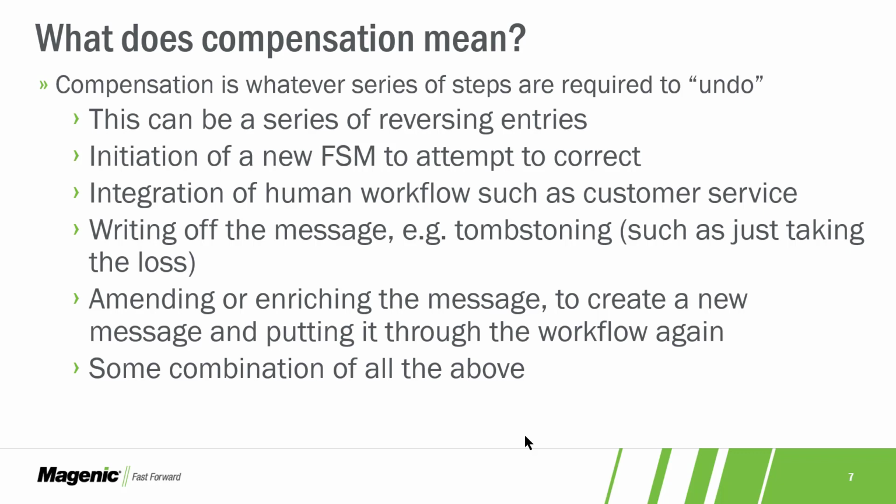The other thing is that you can force the workflow to start at a new place in the workflow by changing the finite state or routing state. You can integrate humans to make corrections. You can decide that the message or data that you're trying to process is hopeless and write it off, put it away somewhere and come back to it later. Or you can attempt to enrich or correct the data that you are dealing with, or some combination of the above. These are all compensation strategies.